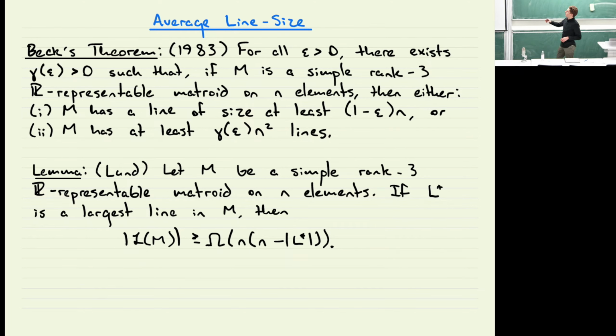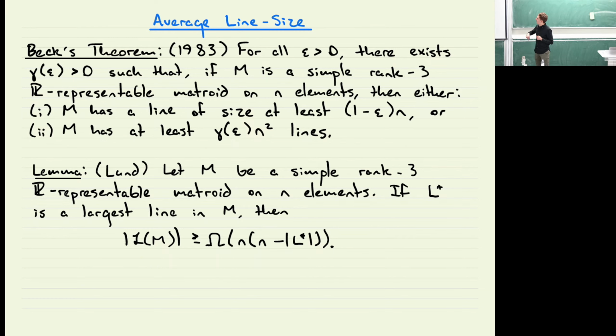So the actual estimate we're going to give is this one. We take a largest line in our matroid, which we'll call L star. And we're going to show that the number of lines in the matroid, that's what I mean by script L there, the set of lines, is at least a constant multiple of n times n minus the size of that largest line.